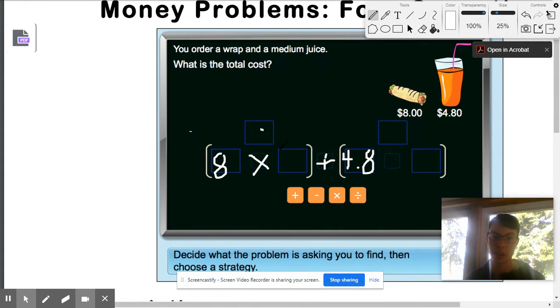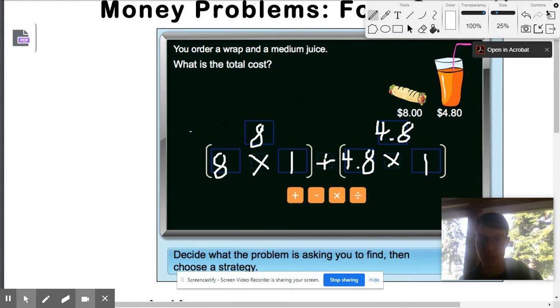You have one burrito, or wrap, sorry. And how many medium juices? You have just one. So, and then those numbers go up here. Okay, and that's going to give you the answer.